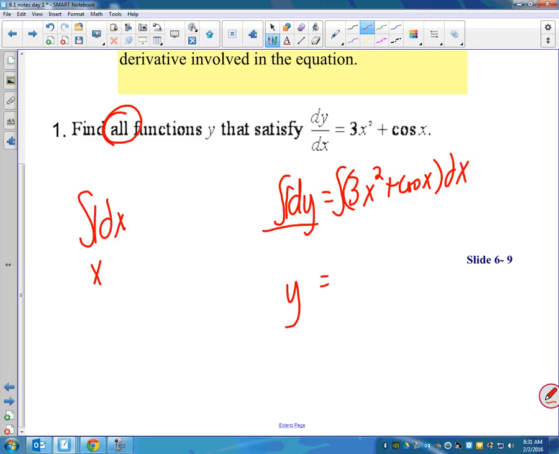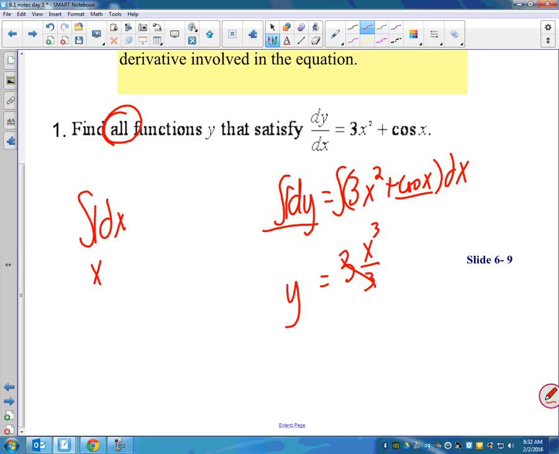If you do the rule, remember that you leave the 3 alone, you add 1 to the exponent, and you divide by it, which means those 3s would just cancel out, and if you recognize that, you don't have to show that. And then you've got to know your trig ones. What is the integral of cosine? Just sine, right? Because the derivative of sine is cosine.